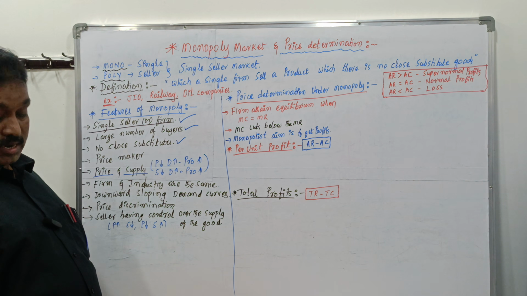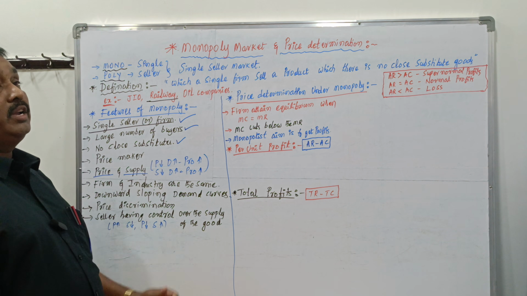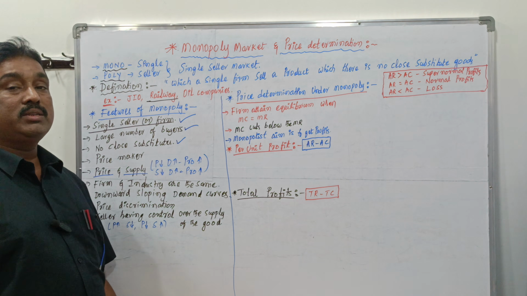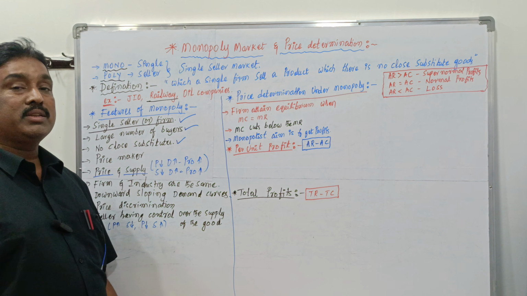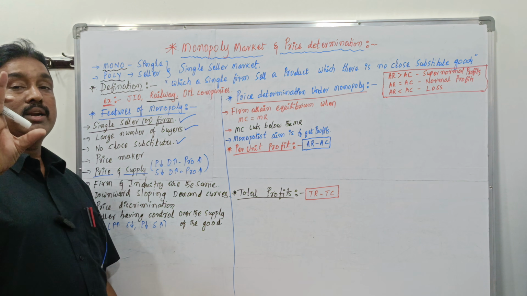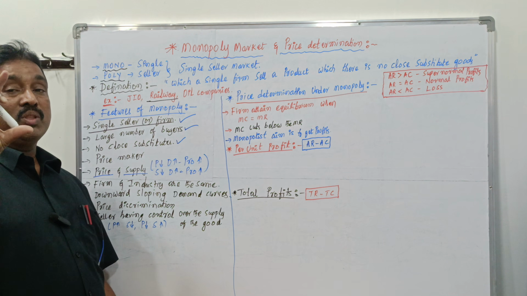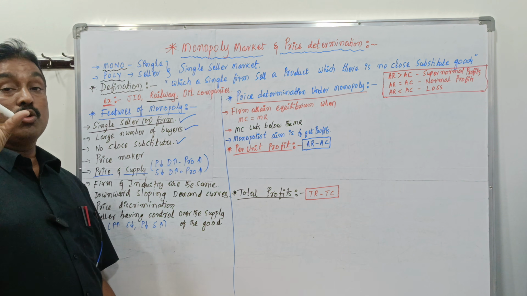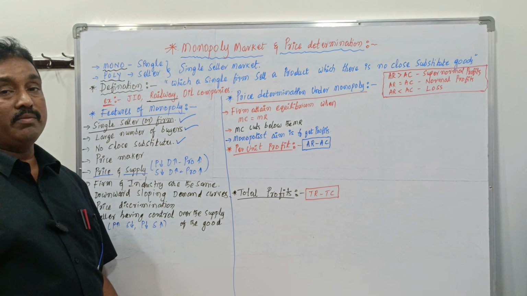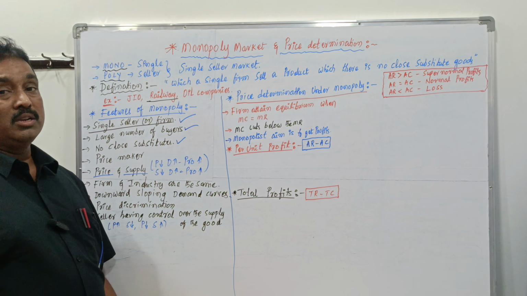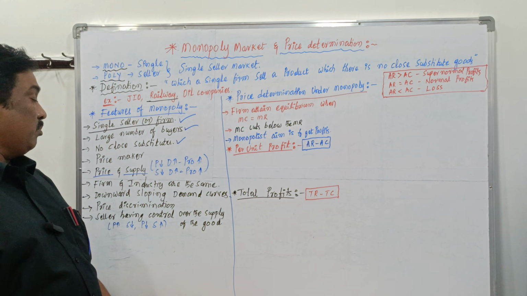So listen here, in the monopoly market, every seller, every firm's main intention, their main motto, is to get profits. Every time they aim to get maximum profits with low investment, low expenditure. That is the main aim of the monopoly market.